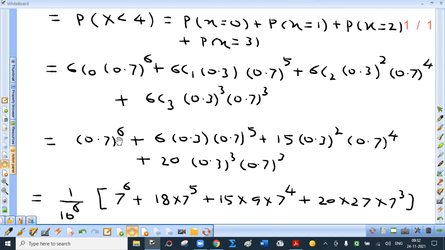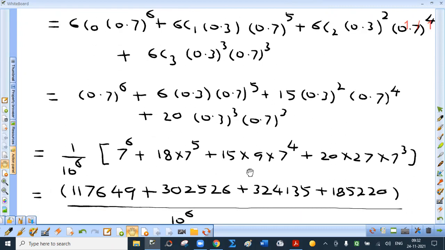So what remains is 7 raised to 6, 6 into 3 into 7 raised to 5, 6 into 3 is 18, 15 into 3 square 9, 7 raised to 4, 20 into 3 cube 27. Why I am saying 3 cube? Because 0.3 I have written as 3 by 10. So 3 cube upon 10 cube, 7 cube upon 10 cube, 10 raised to 6 is already considered.